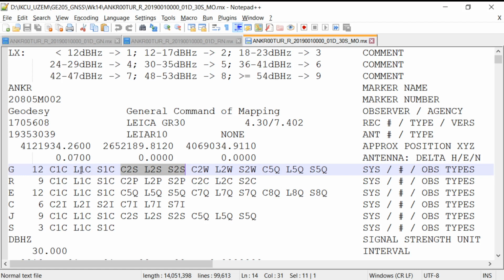And as you see for GPS, there are two more blocks, and within GPS three different carriers are used: L1, L2, and L5 frequencies.